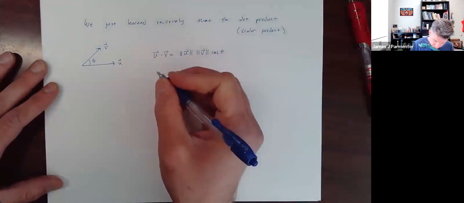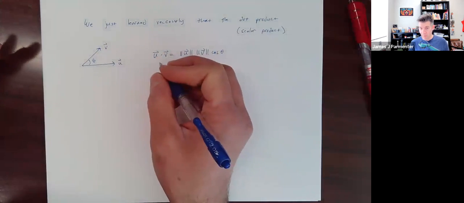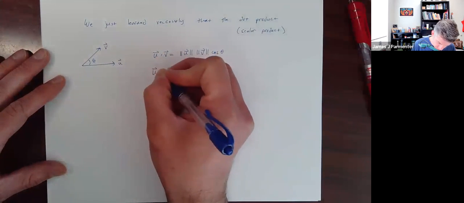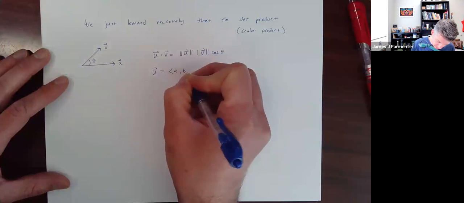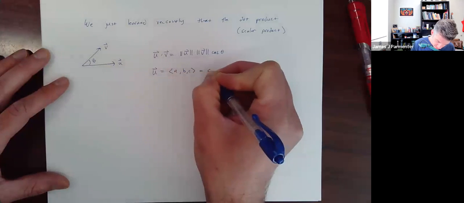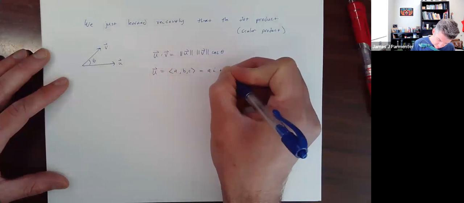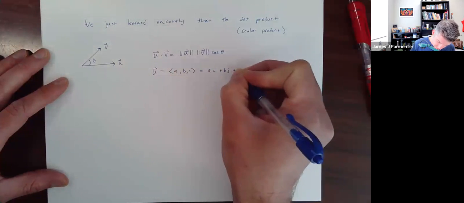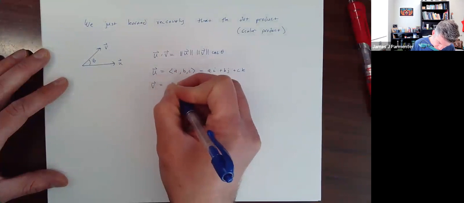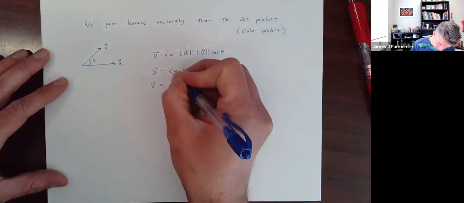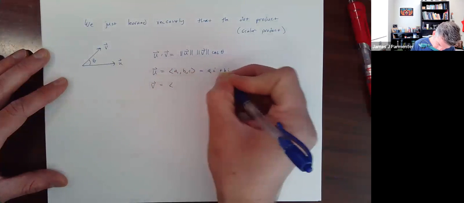Also, additionally, if you write u and v in component form, like u equal to, you can either write it as, say, a, b, c, or if you prefer, a times the unit vector i plus b times the unit vector j plus c times the unit vector k. Let's call this a1, b1, c1.